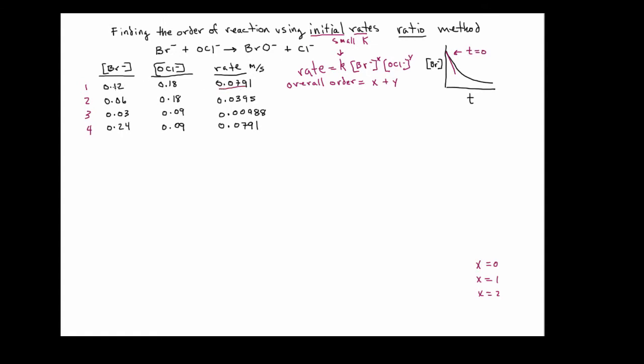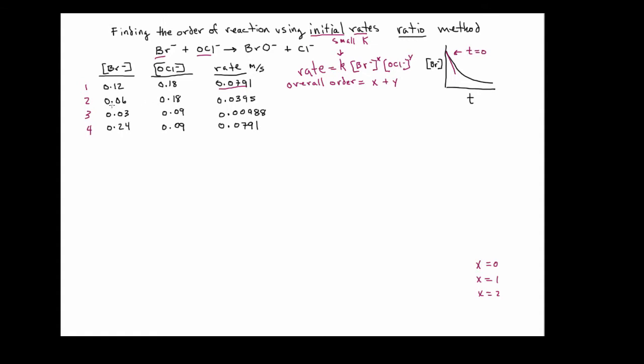So what we've done in this experiment is the rate of reaction has been found for different initial concentrations of these respective reactants. And remember that when you look at this, there are two reactants. So the challenge is to find the x and the y, the x being the order of the reaction for Br minus, the y being the order of reaction for OCl minus.